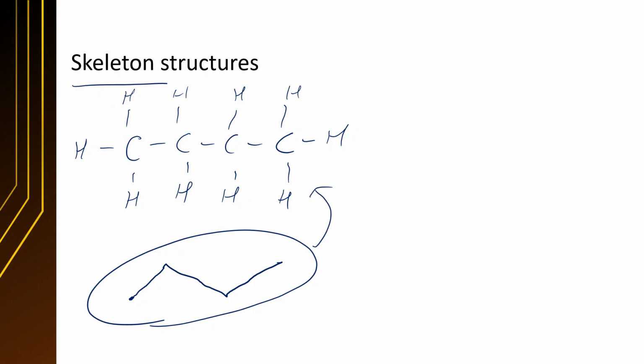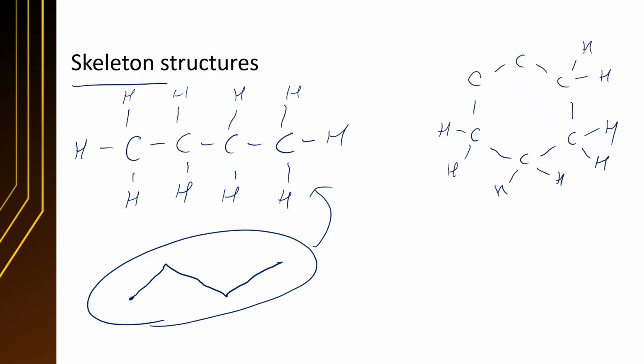I'll give you another example. If I have something like cyclohexane. Cyclohexane looks like this, and each carbon has 2 hydrogens. I'll draw the full structural formula for this. This is cyclohexane.